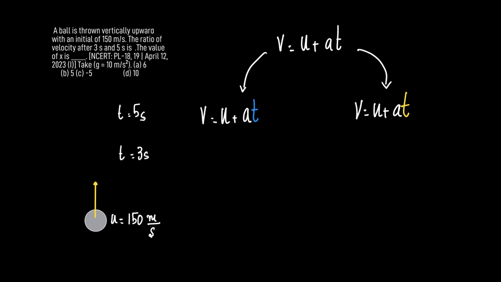Now, when an object is projected from the ground upwards with a velocity u equal to 150 meter per second, we can write the equations of motion. The first equation of motion is v is equal to u plus at, right? And we have two instances of time here, 3 seconds and 5 seconds.